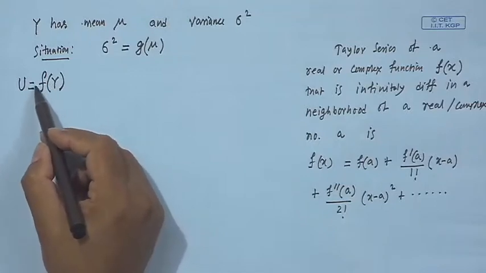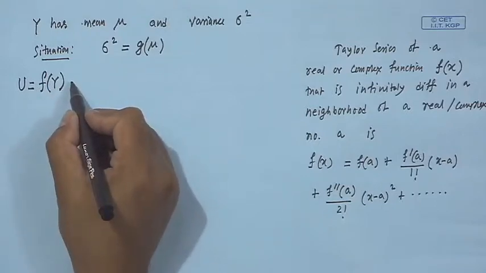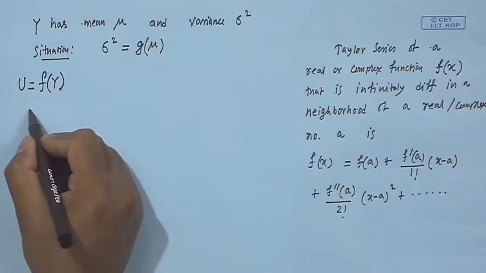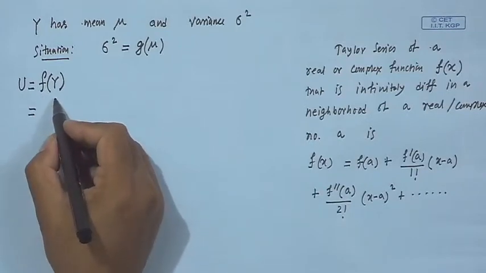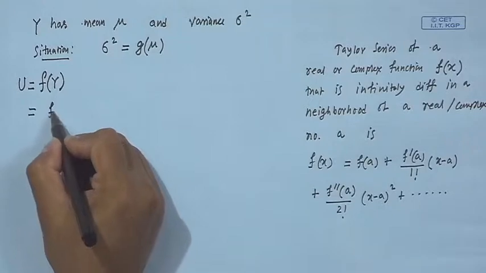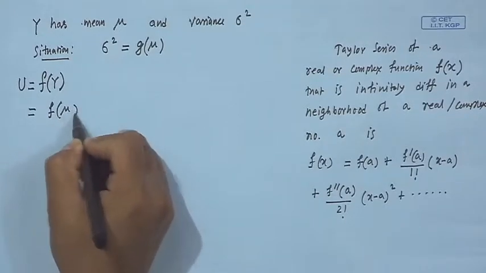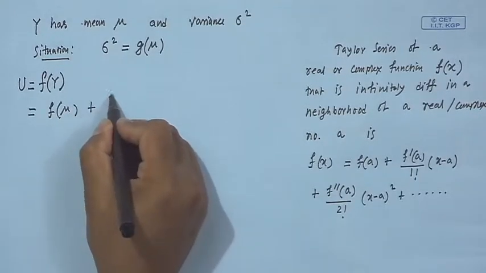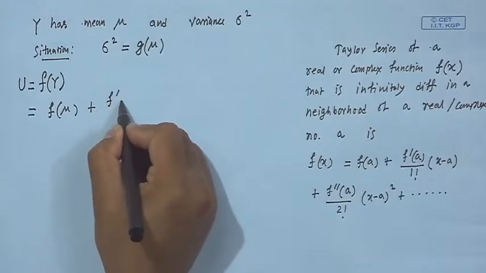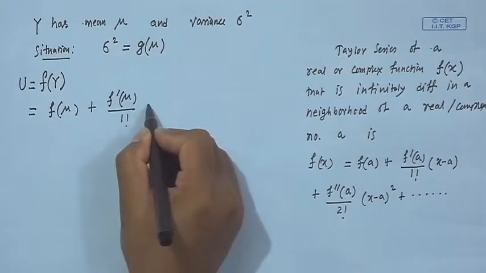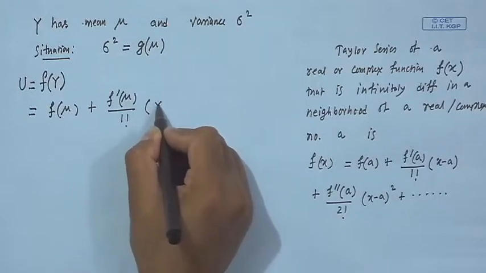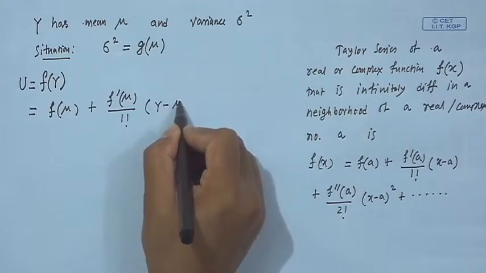Let me just write using the Taylor series expression f(y) equal to f(mu) plus f prime(mu) by 1 factorial into (y minus mu).